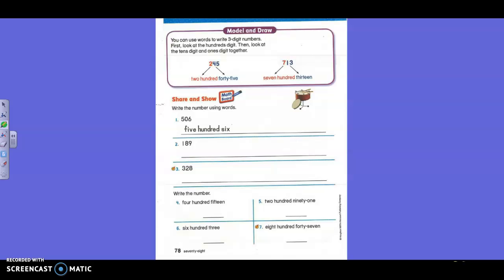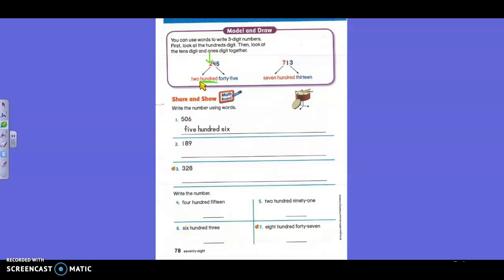Okay? First, look at the hundreds digit. Then look at the tens digit and ones digit together. Okay, so you first look at the hundreds. 200. If you don't know how to spell 2, you can look it up in your word book. Okay? If you don't know how to spell 100, it is on this paper.